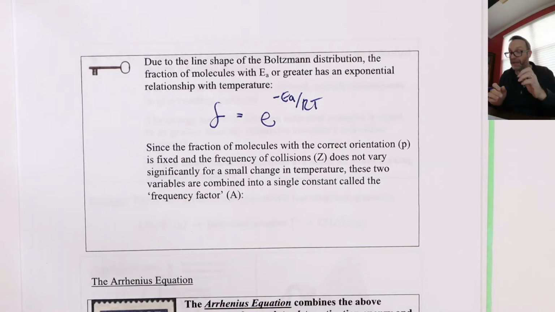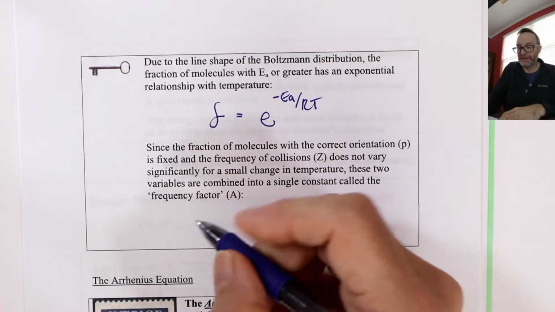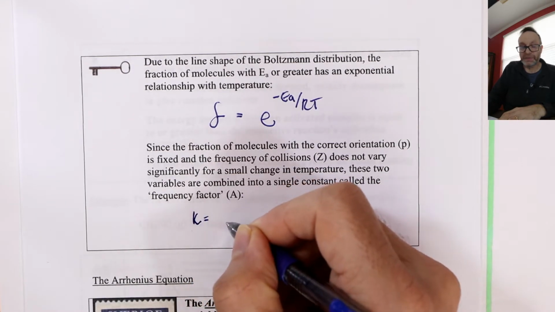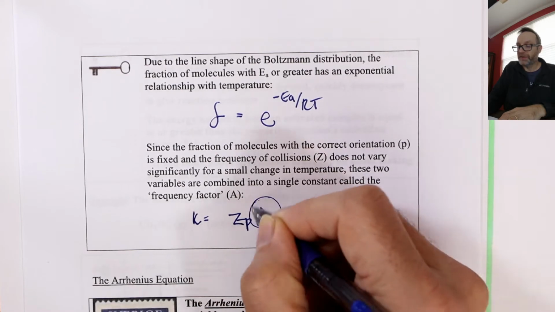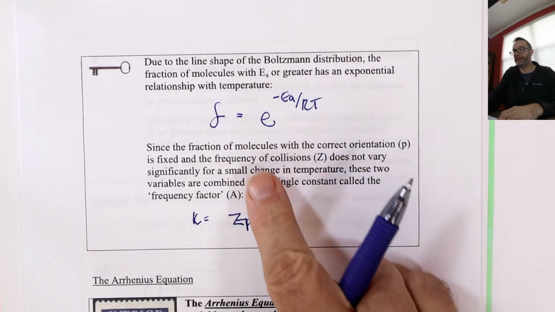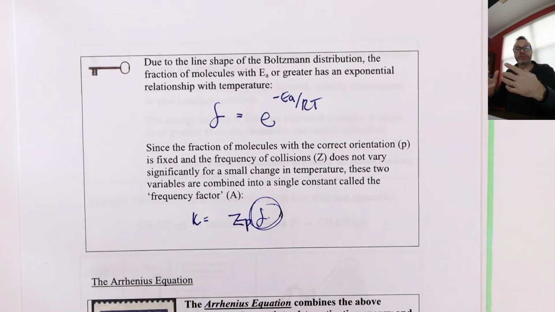Now, it turns out that, remember, k equals ZpF. The frequency factor here is literally the most important thing because it varies so quickly with temperature.